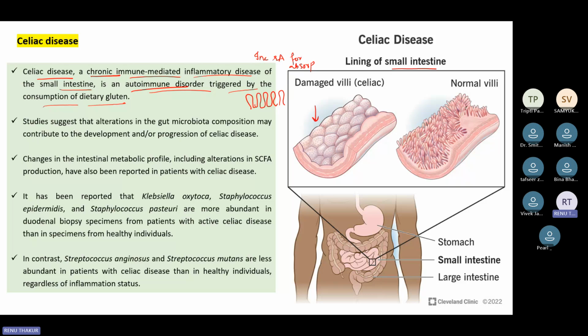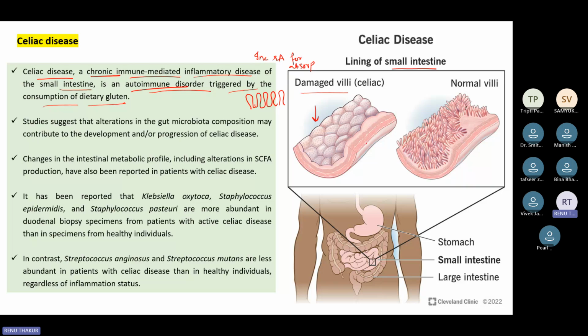If you have normal villi, then you can have a normal absorption of our food. Whenever you eat anything, it will be absorbed properly. But when there are damaged villi, or you have celiac disease, then your villi are damaged. You can see here the structure, there are a lot of differences between the normal finger like projections and this one.